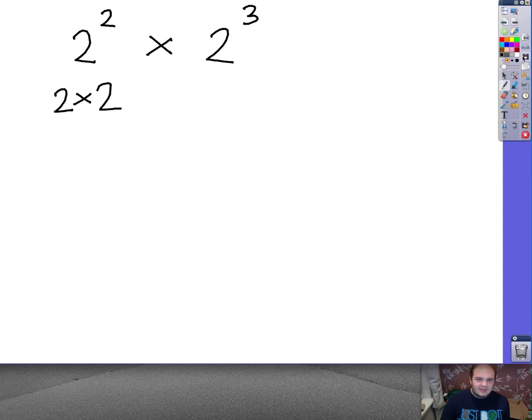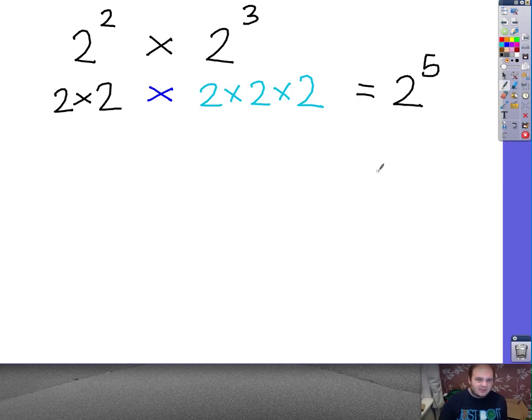If I write out 2 cubed, I'll do this in blue so you can make clear which bit's which, 2 times 2 times 2. And we're timesing these together. Hopefully you can see that I've got 1, 2, 3, 4, 5 2s, so it'd be 2 to the power 5.